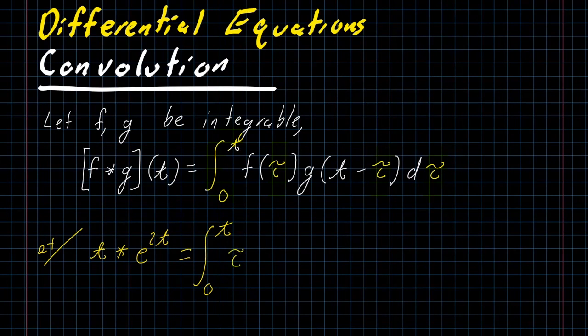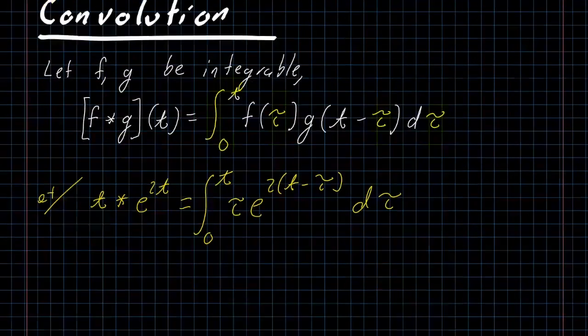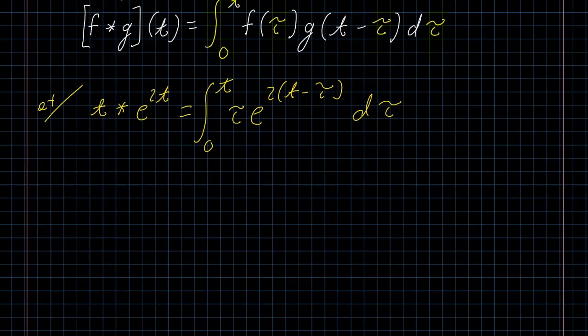Then my function g, e to the 2t. Replace t with t minus tau, and integrate with respect to tau. How you continue from here, you have a couple of different options.